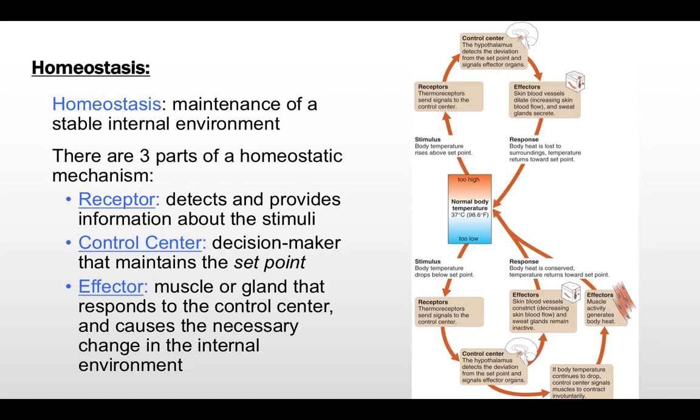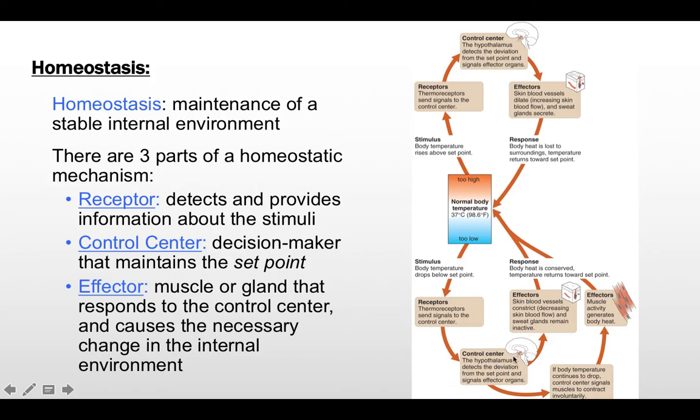So in our temperature example, let's say the stimulus was our body got too cold. There are thermoreceptors in your skin and in other parts of your body that tell the brain, hey, we're cold. The brain, particularly a piece called the hypothalamus, senses that we've dropped below our 98.6, and usually it senses it less than a degree after that has changed.